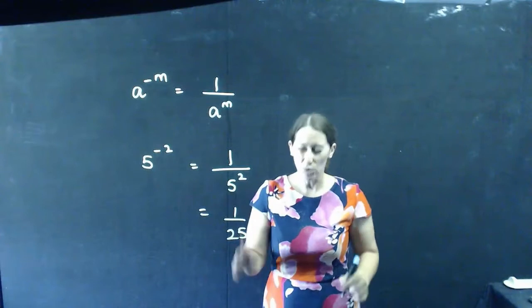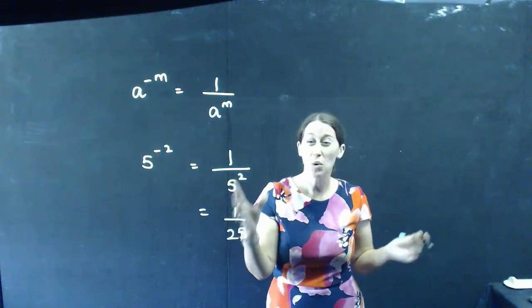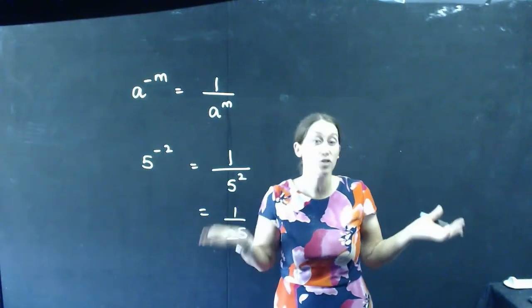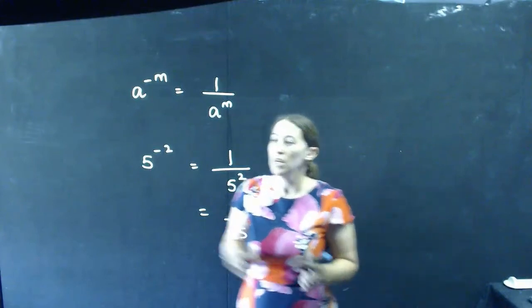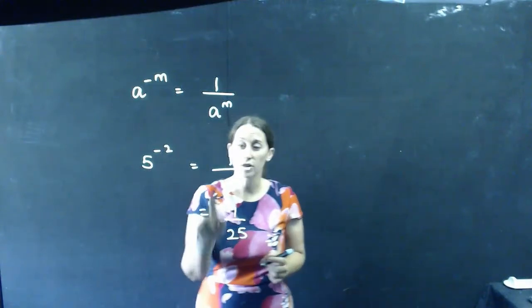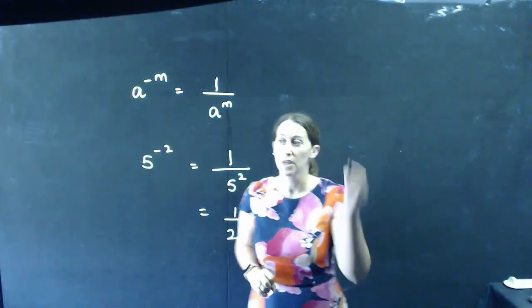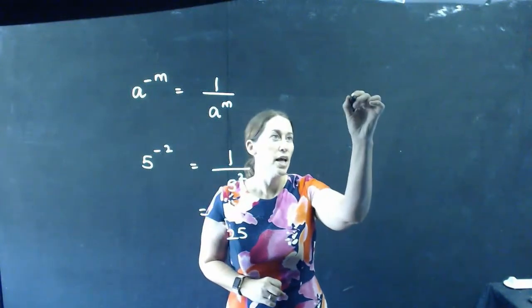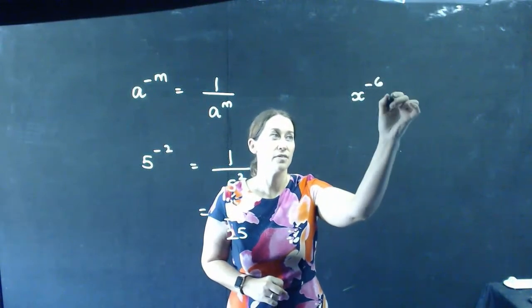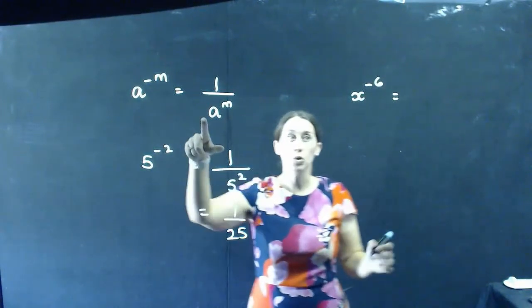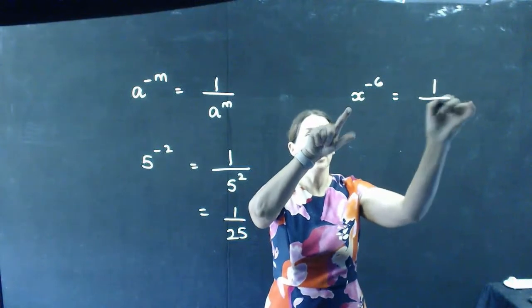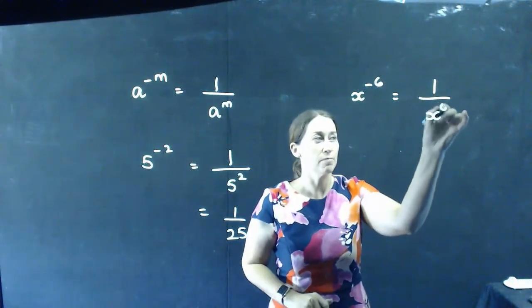Usually we would write that because we're dealing with quite a low power and it's easy to evaluate 5 squared. So 5 to the negative 2 is equivalent to 1 over 5 squared, which evaluates to 1 over 25. Let's look at a pronumeral, x to the power negative 6. Following our general rule, we do 1 over x to the power 6.